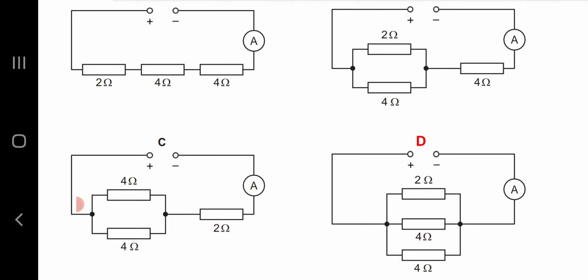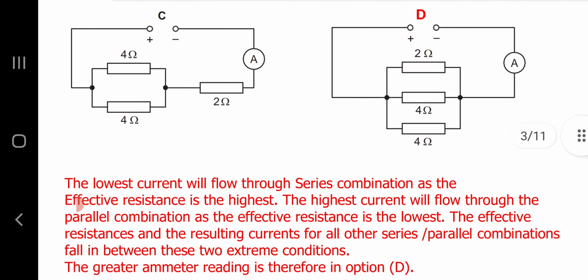Remember the rule of thumb: the current will be highest in a parallel combination, which is one extreme condition, and the current will be lowest in a series connection of resistors, which is the other extreme. All other series-parallel combinations will have a current in between these two extremes. So the highest current will flow through option D.